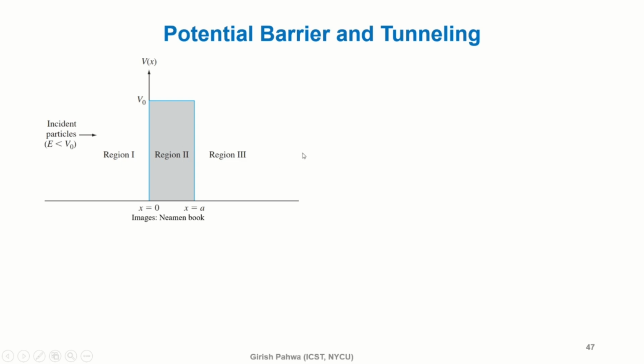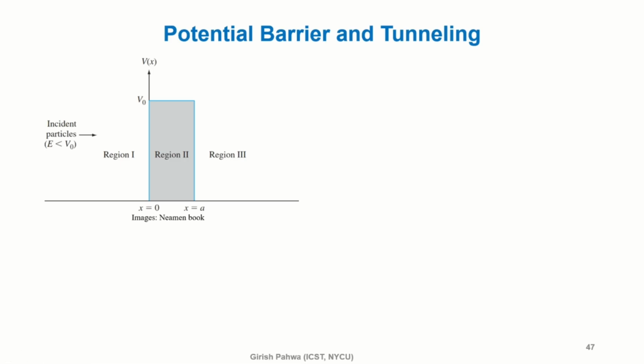Similarly, if I incident the particle from the other side, it's just going to return back. It's not going to cross it unless the energy of the particle is greater than that. But quantum mechanically, again, this is possible. We saw that the wave function may still have some finite value even if the energy is smaller than V naught.